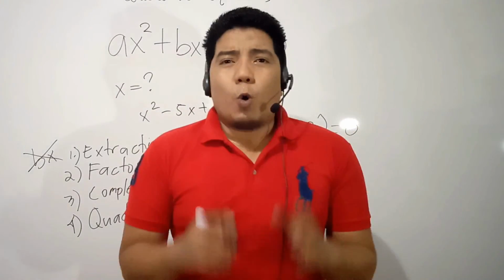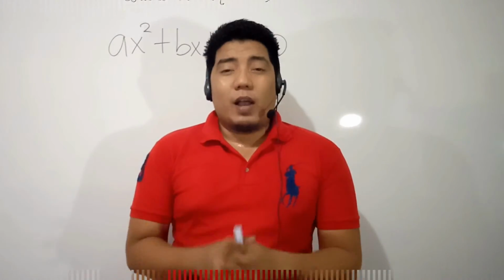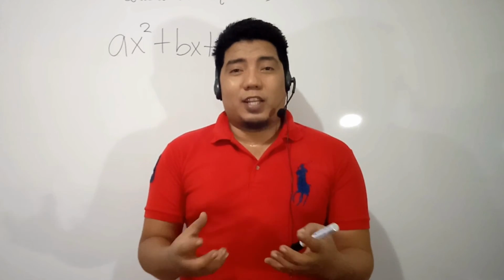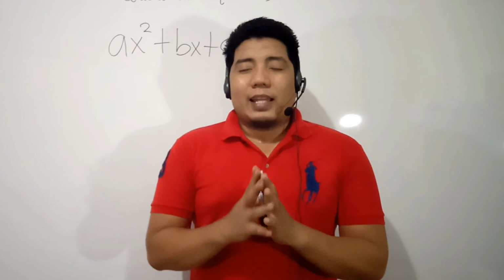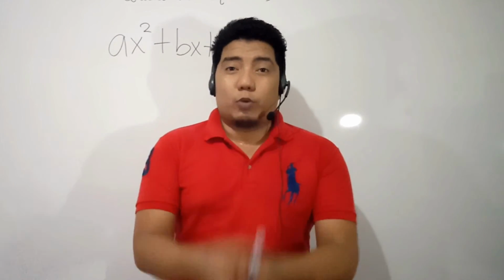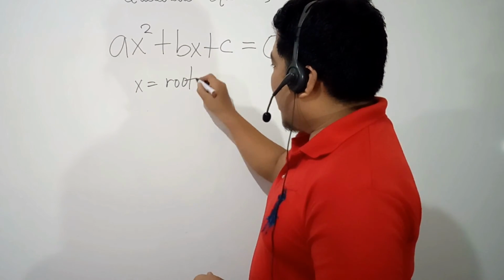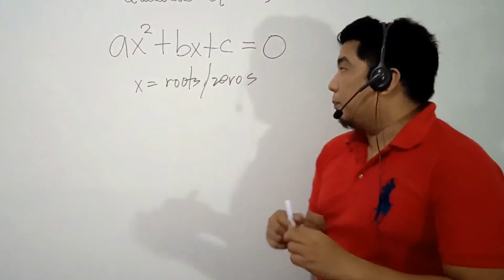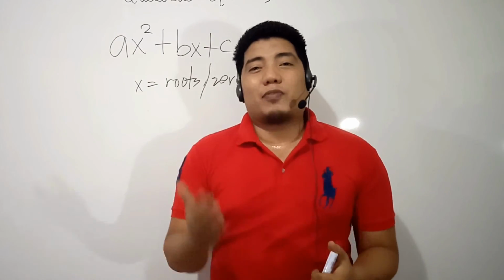Now, what else do you need to know about quadratic equations? After you learn how to solve for the values of the variable that will satisfy your quadratic equation, the next thing you should learn is how to know the characteristics of your roots. As we all know, the x values are known as the roots of the equation, or sometimes the zeros of the equation. Some problems do not need you to solve for the value of x.